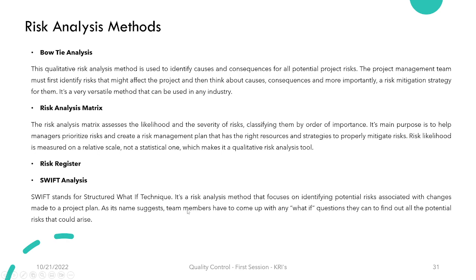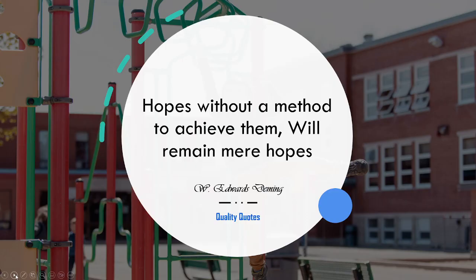As its name suggests, team members have to come up with any what-if. As we said in the KPIs before, where we used the 5 whys, here we use a part of this, the what-if questions. They can find out all the potential risks that could arise.